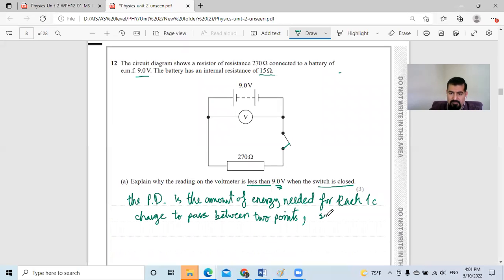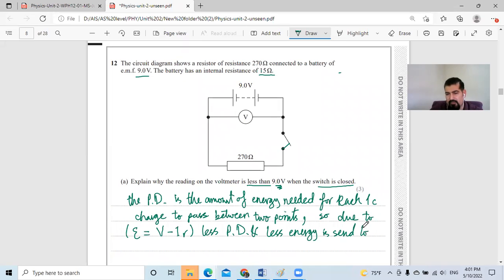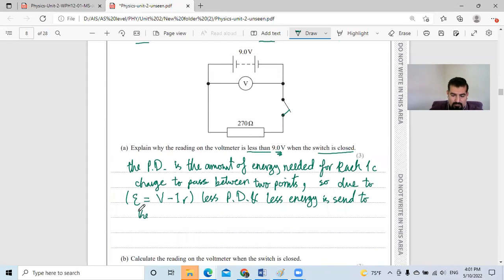So due to EMF equals V minus IR, okay, less potential difference and less energy is sent to the circuit, due to some energy being dissipated through what?